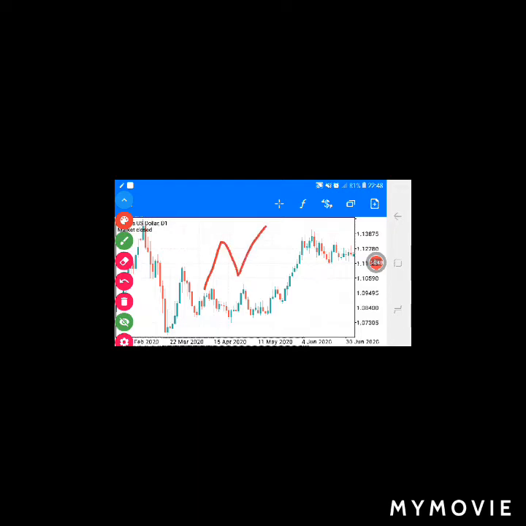The whole structure, as you can see, is our uptrend retracement. So this was our first retracement. It was not the easy one, but it was our first retracement. When this happens, you just make a note first.